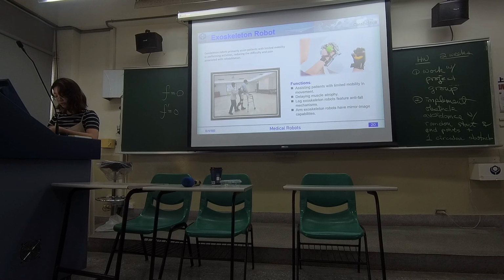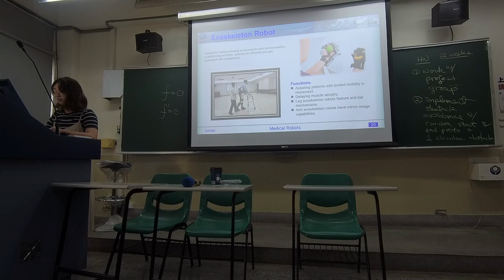The next one to be introduced is the exoskeleton robots. Apart from exoskeletons for the legs, there are also ones designed for arms or fingers, all geared toward assisting patients' mobility. These devices are primarily intended for treating stroke patients and individuals with nerve damage, reducing injuries during the rehabilitation period and enabling patients to move more comfortably.